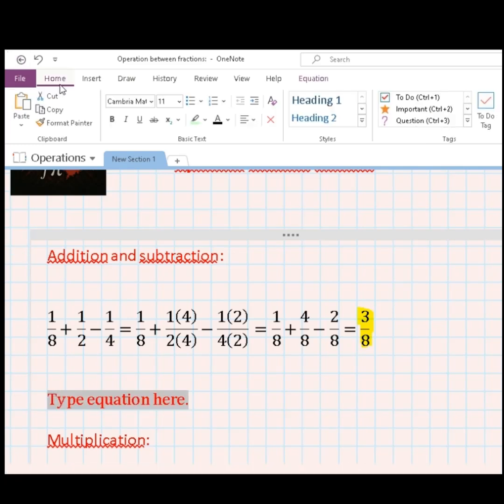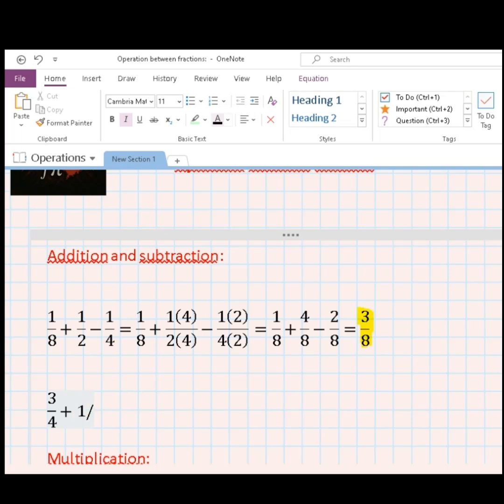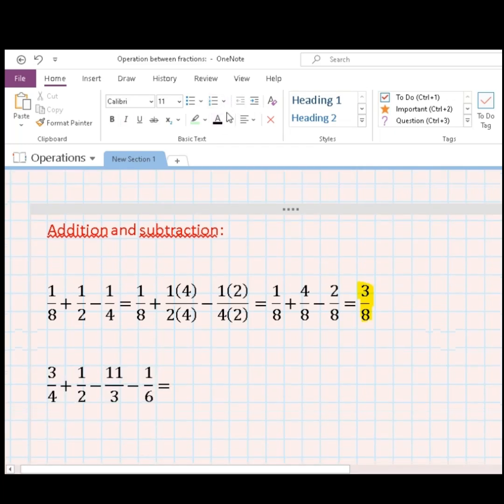Here we have this example, 3 over 4 plus 1 over 2 minus 11 over 3 minus 1 over 6. Okay, then here, firstly, we have to find the least common multiple of 4, 2, 3, and 6.